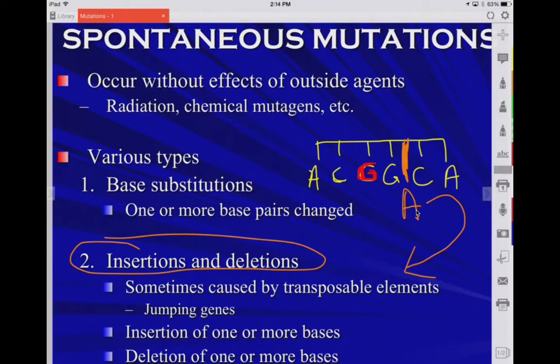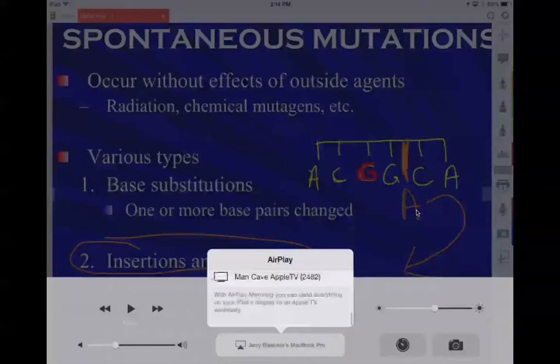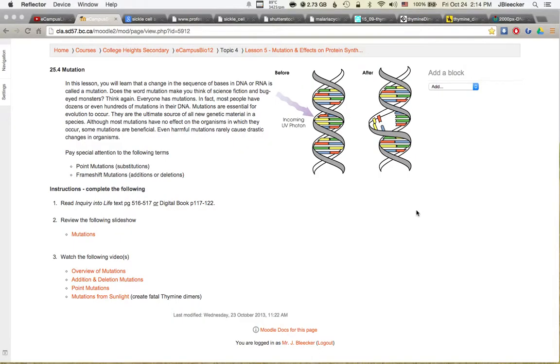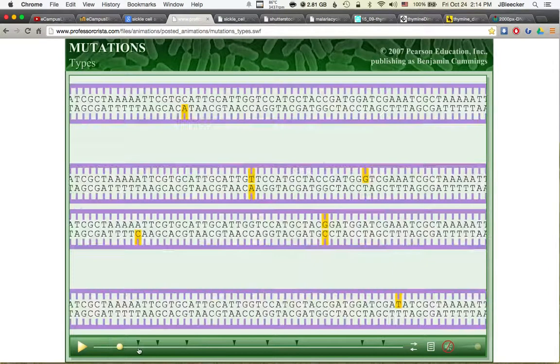So let me show you what happens when each of these inevitabilities occurs in nature. Okay. So we'll go to the first possibility here.